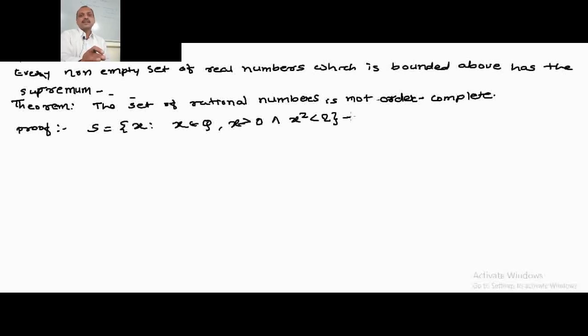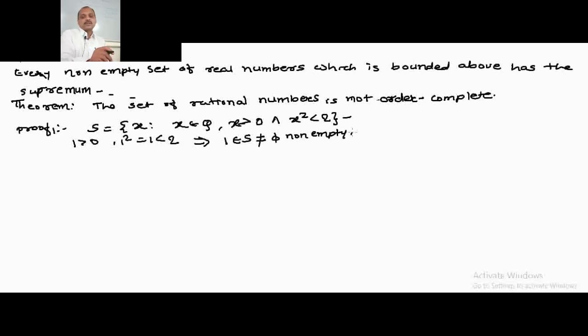We cannot take negative rational numbers. Then we can see that 1 is greater than 0, 1 squared equals 1, which is less than 2. This implies that 1 is a rational number, so 1 belongs to S. Therefore, S is a non-empty set.